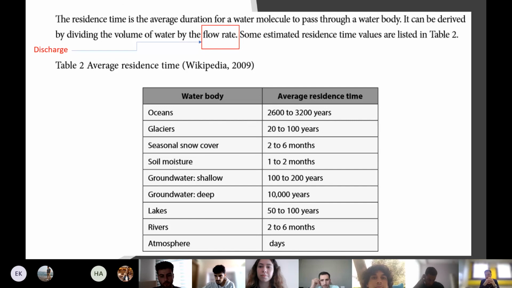And this is important to us; residence time is important for different reasons.